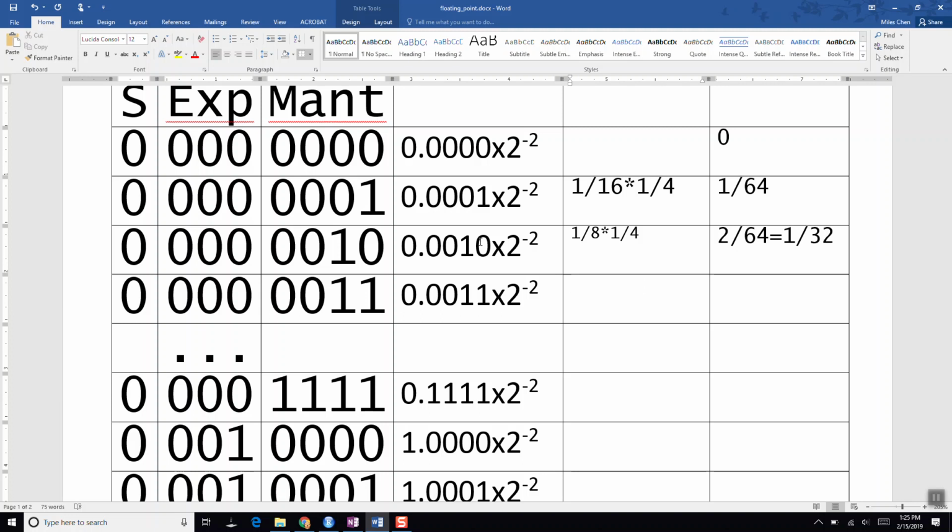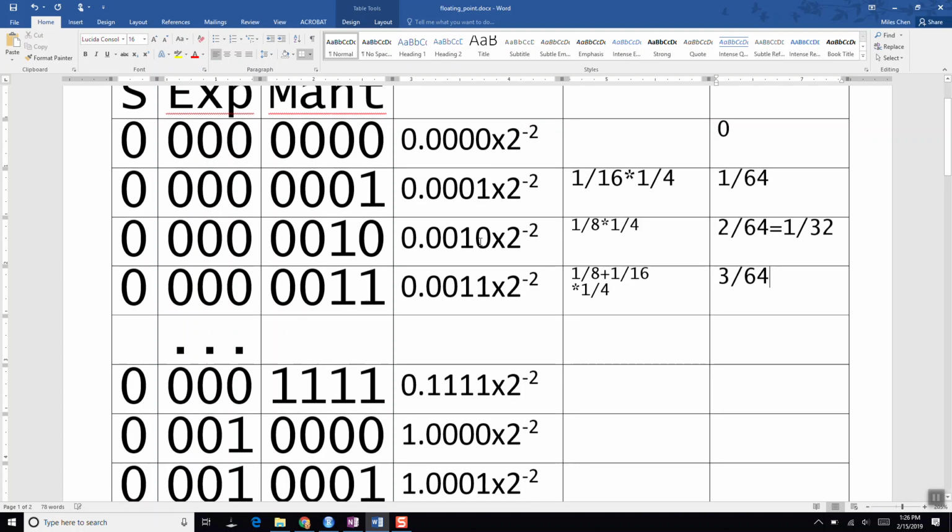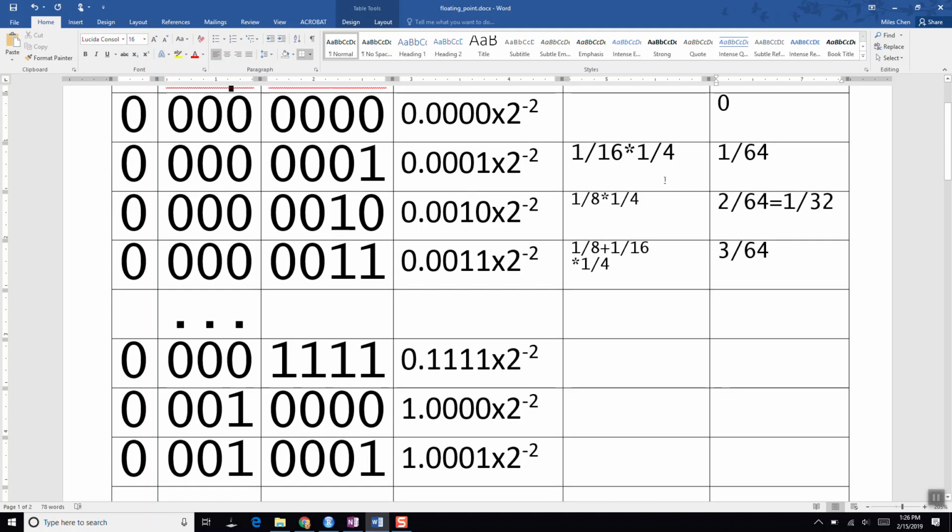All right, and then what do we have here? We have 1/8 plus 1/16 times 1/4, and so this becomes 3/64. Is that okay? So I'm just counting, incrementing the bits in my mini floating point to show this.